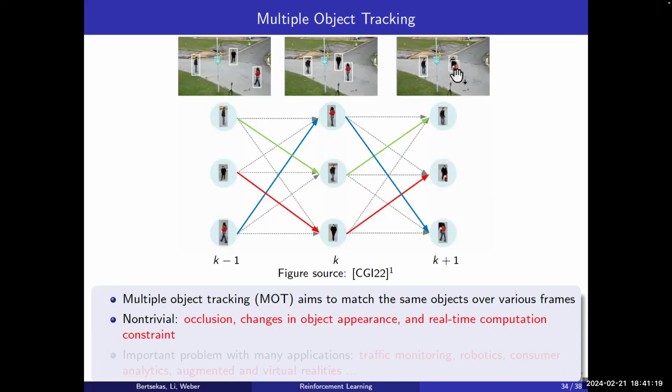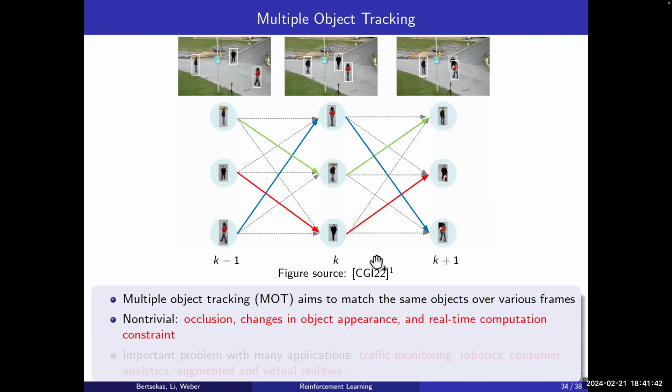For example, in this particular case, this gentleman is blocked in part by this lady. Also, change in object appearance. For example, this lady in this frame and this frame: from our view it's quite obvious it's the same person, but for the computer, it's different.